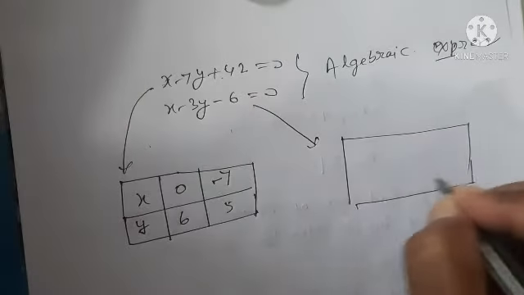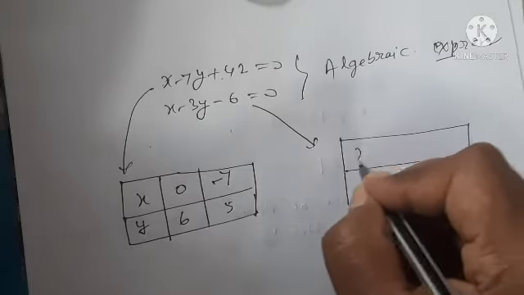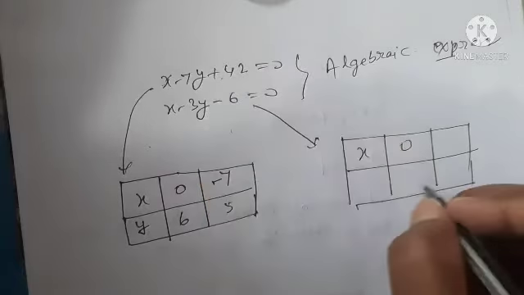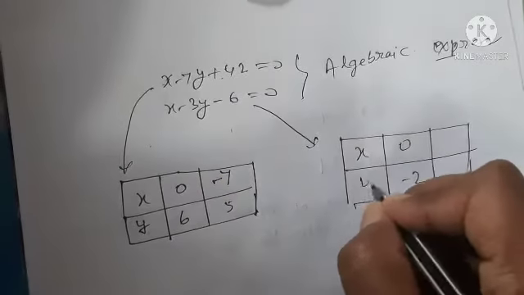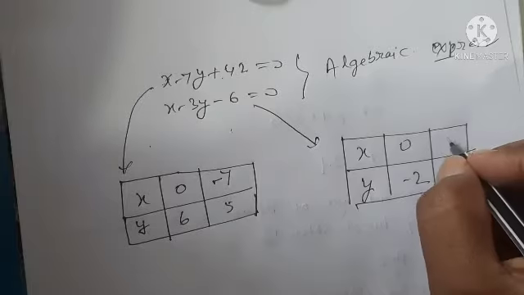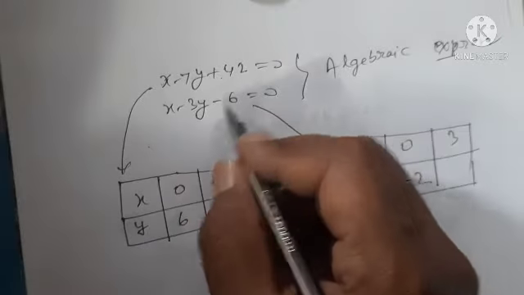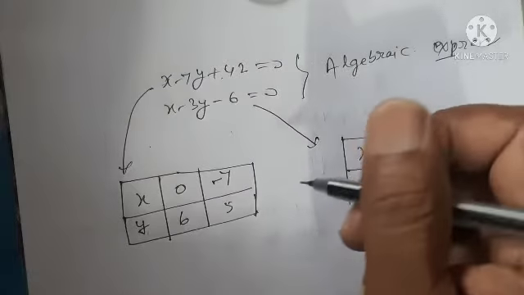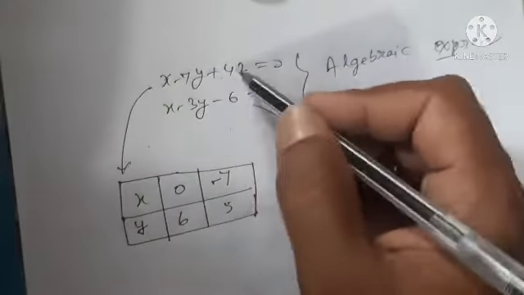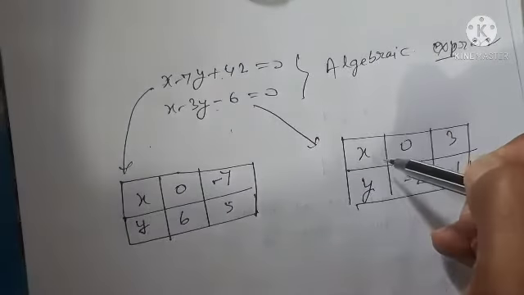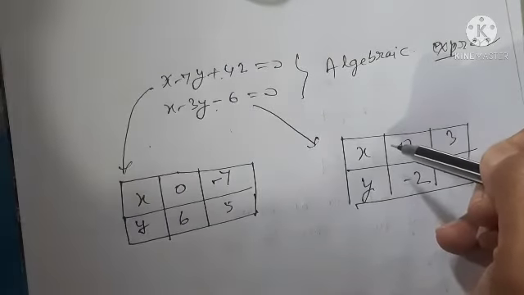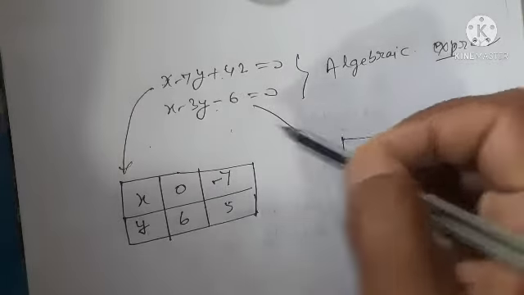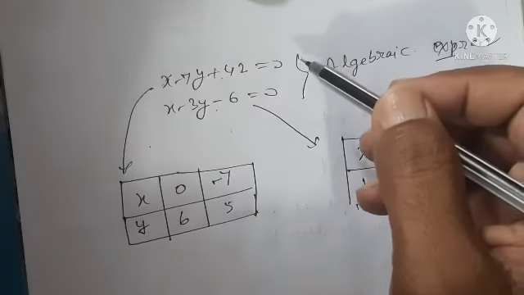Put the value of x as 0, then the value of y will be -2. Put the value of x as 3, then the value of y will be -1. Okay, now we have found 2 points on this linear equation, 2 points on this linear equation. Why 2 points? Because through 2 points a unique line can pass.